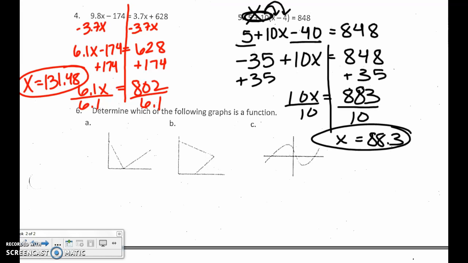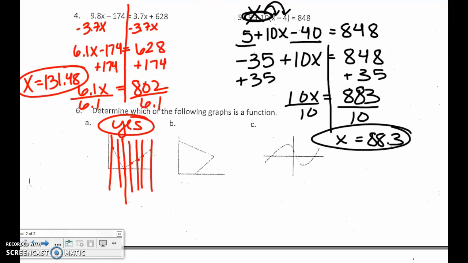Number 6, remember our vertical line test? If we use our pencil or whatever straight object you have, you can use these straight vertical lines if you're good at drawing them. Notice that each one only crosses the graph at that one point. There's no vertical line that passes twice, so this one would be a function.